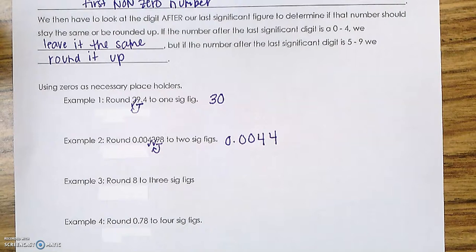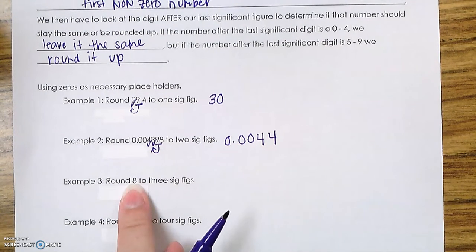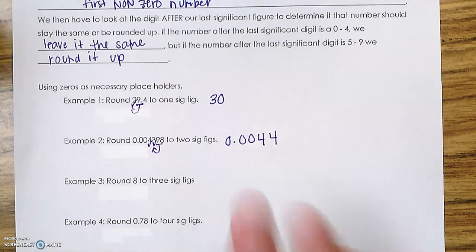Now, what if you end up getting what seems to be a perfect number? You've done all your calculations and you get an 8, but you have 3 sig figs with your measurements. You still have to make your answer have those 3 sig figs. Say we've multiplied the volume of a box and you got exactly 8. But I need those 3 sig figs because it's important. It tells the reader or whoever is working with your data how exact, how precise that information is.